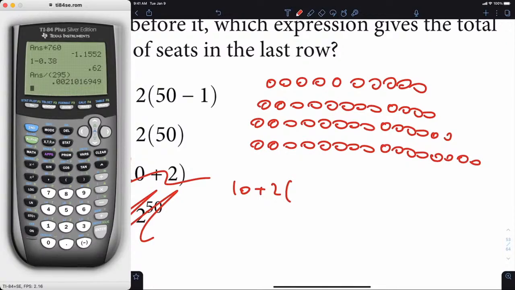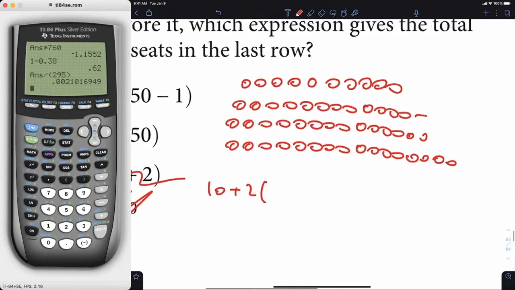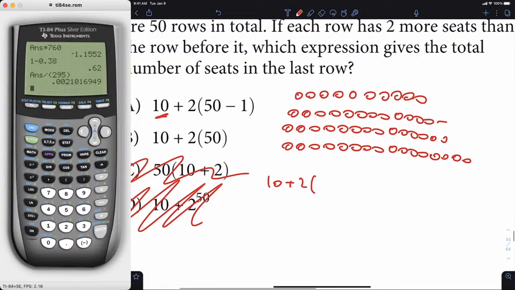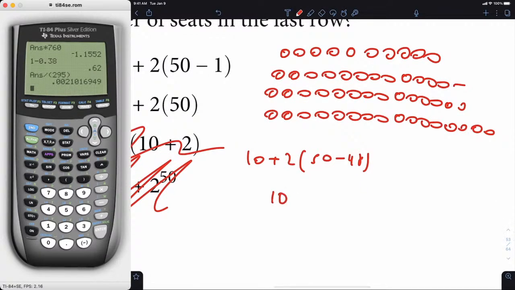For the second row, we know we have 12 seats. Because it's the second row, it's going to be 48 away from the 50th, right? So that's going to be 50 minus the 48 it is away. Then we get 10 plus 2 times 2, which is 14.